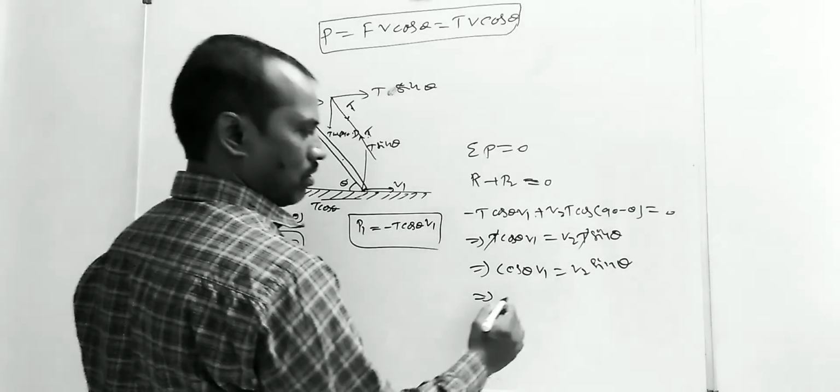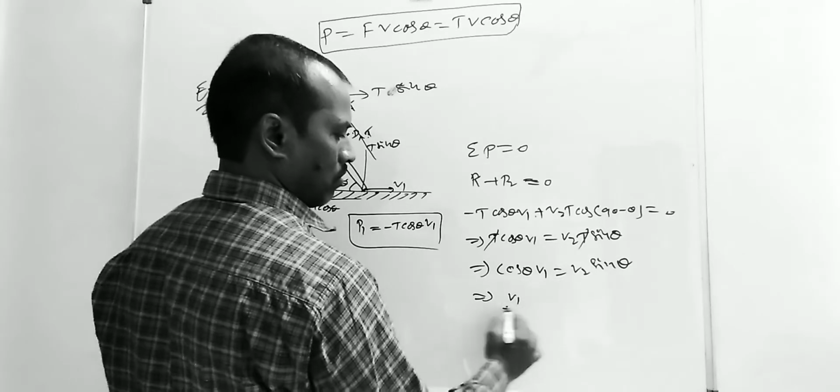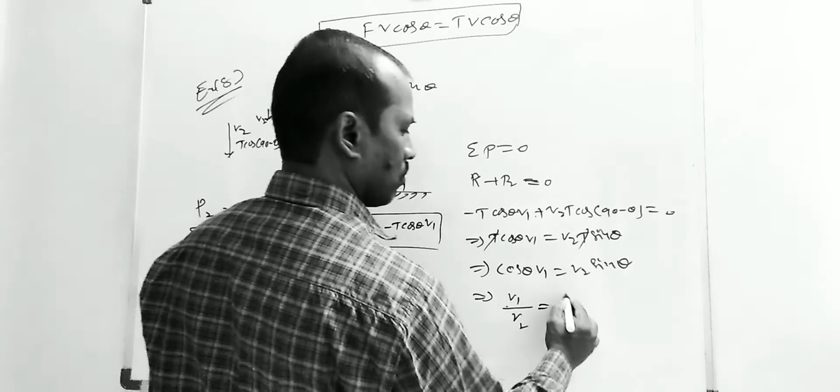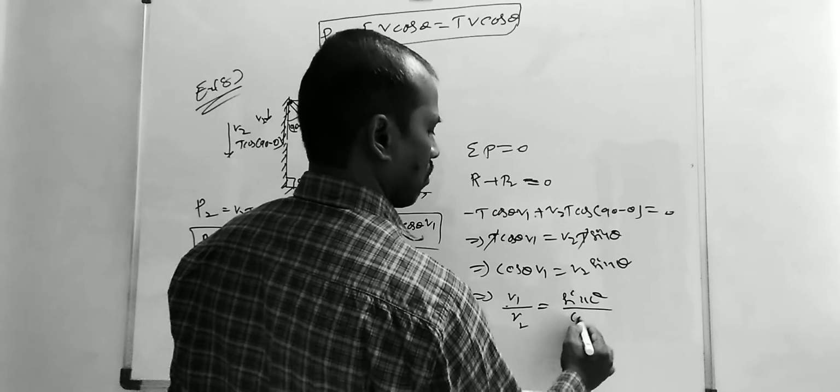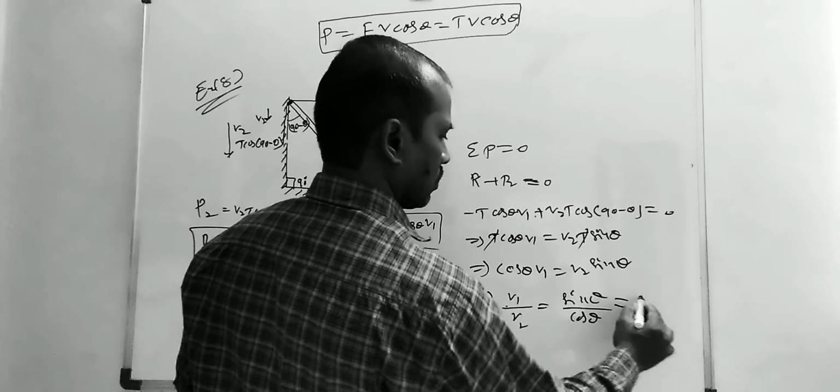So V1 by V2 is equal to sin theta by cos theta, that is equal to tan theta.